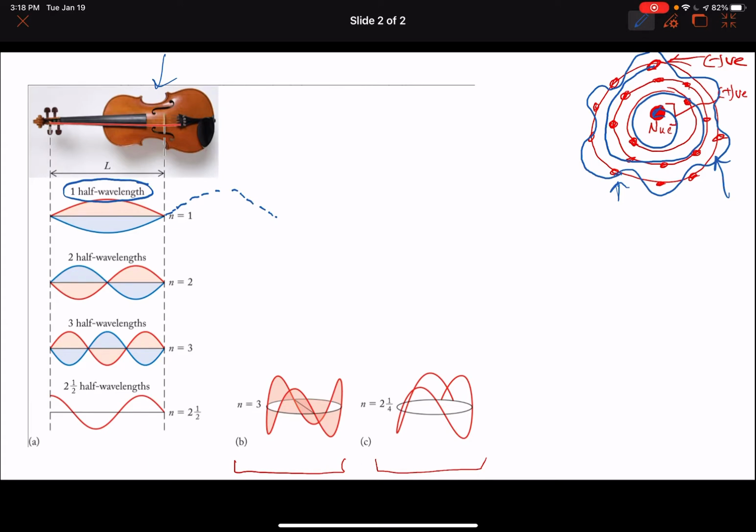Plucked a different way, or if there's more tension on a violin string, we might see a full wavelength, so that is 2 half wavelengths from the anchor point to another anchor point on the violin, and so forth. So we can get different standing waves in here, where from one anchor point to another, the wave pattern may not move, but simply stand in place.